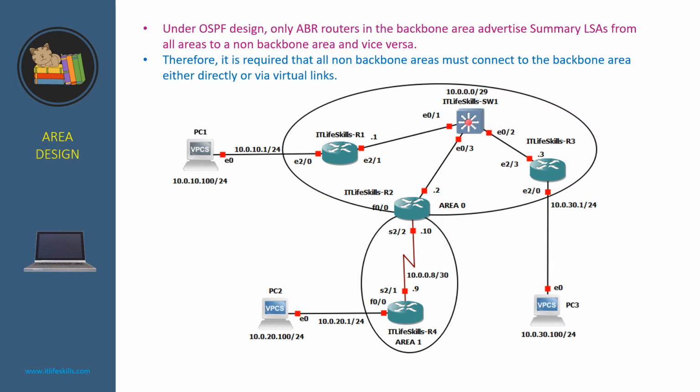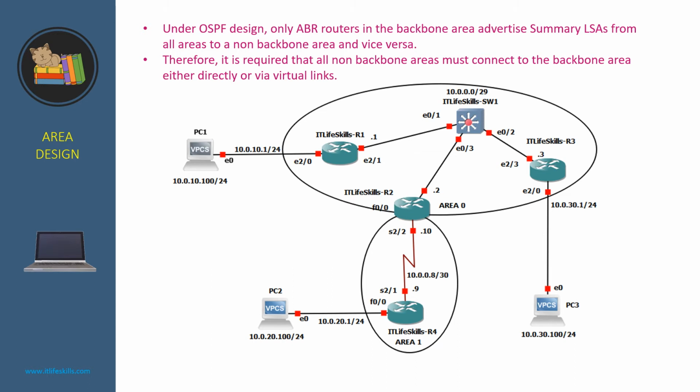Under OSPF design, only area border routers in the backbone area advertise summary LSAs from all areas to a non-backbone area and vice versa. Therefore, it is required that all non-backbone areas must connect to the backbone area either directly or via virtual links.